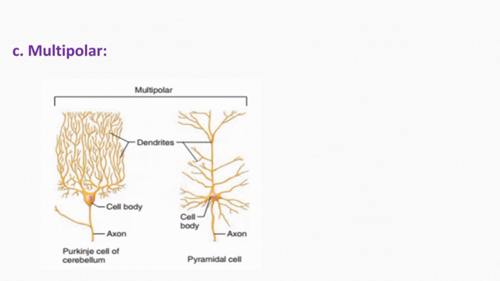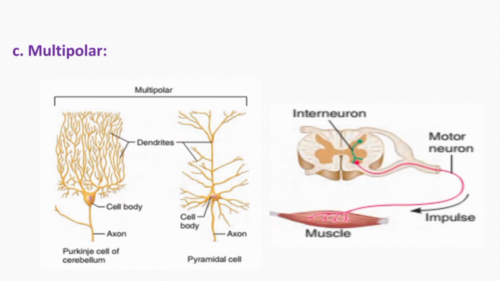Now most of the multipolar neurons are interneurons, as we have seen in the previous figure, present in the CNS, while some multipolar neurons are motor neurons, and they conduct impulses from the CNS to the periphery, that is to the muscles or other structures.